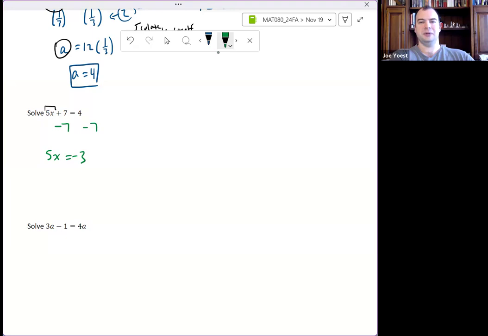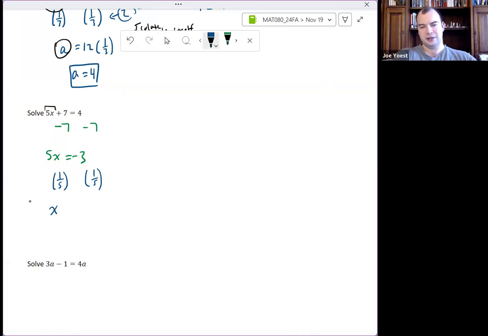Now I want to isolate the variable itself. I have coefficient times x, 5 times x. I multiply by the multiplicative inverse of the coefficient. I choose the multiplicative inverse because it's multiplied onto the x. So 5 times x times 1/5, the 5 times 1/5 will make a 1, leaving me with just 1 times x, or we just write that as x.